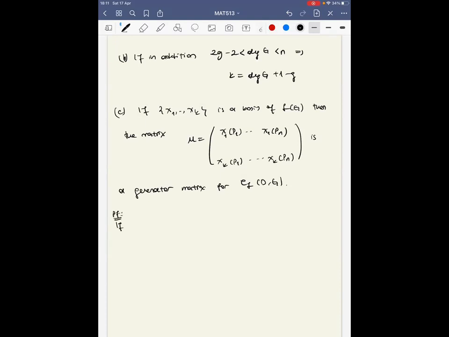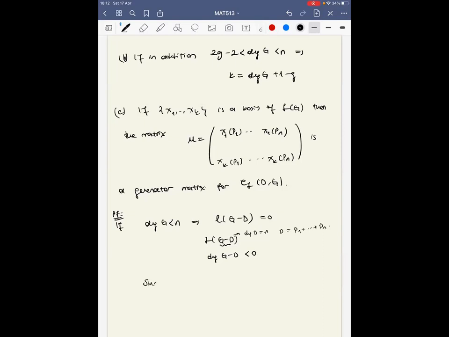And we can show that if the degree of G is strictly less than n, the dimension of the Riemann-Roch space of G minus D is going to be 0, because in this case, the degree of G minus D will be strictly negative. By the way, note that the degree of D is n, because D is defined as a sum of the n rational places.